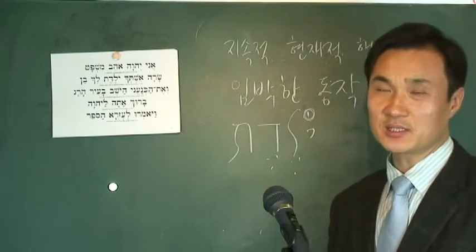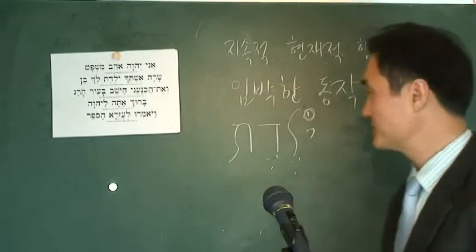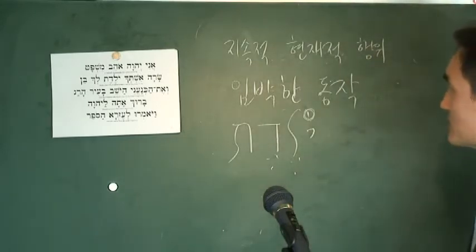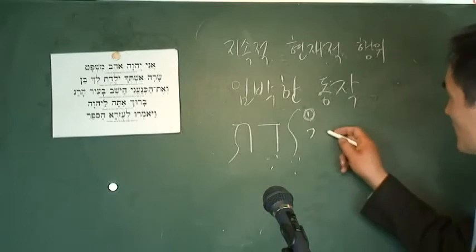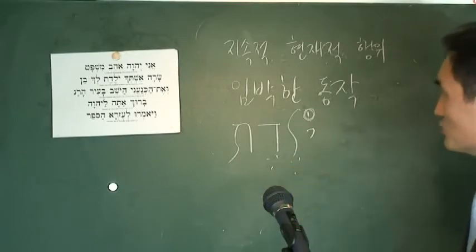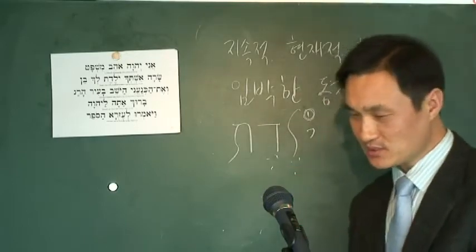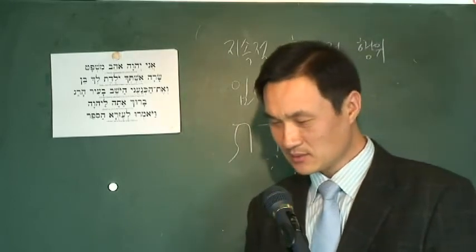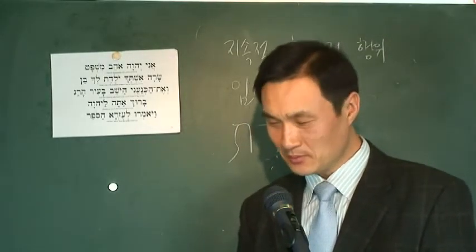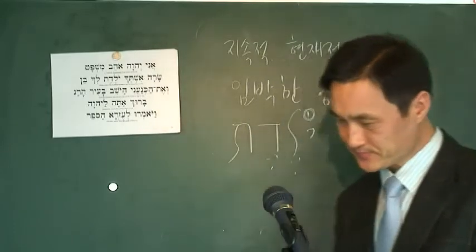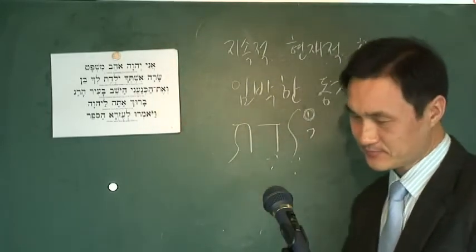Yet we can tell by the o that this is a kal active participle. Yoledet is the leading word in this sentence, and it expresses an impending action.